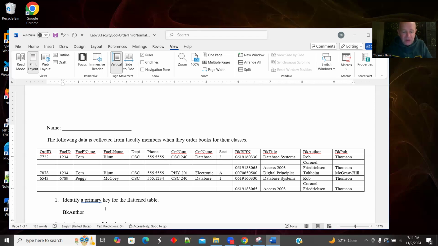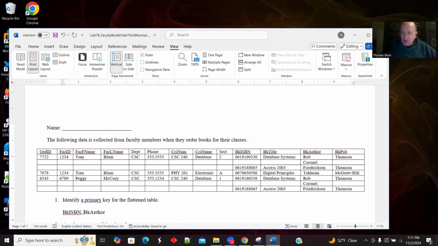So then the book itself. I'm going to say the ISBN is sort of an ID for books. So that is, again, another repeated thing. So within an order, the book author is a repeated thing. It was multi-valued, and everything else to make it single-valued gets repeated.